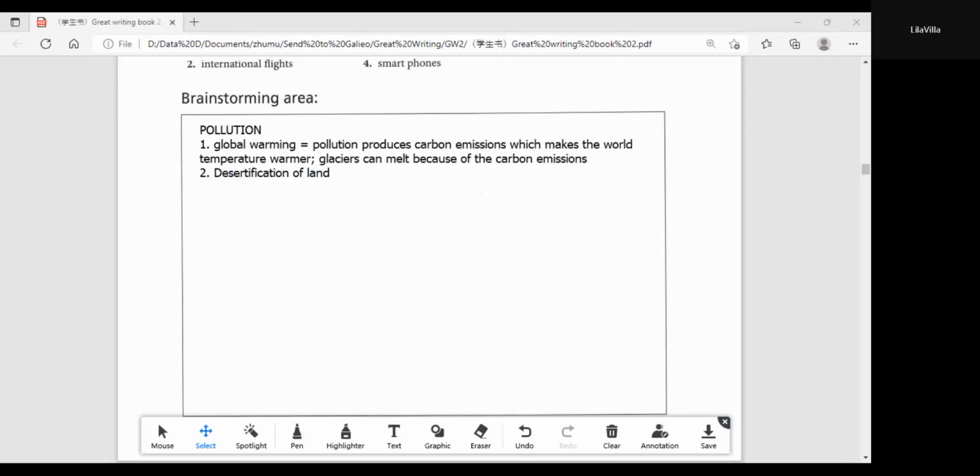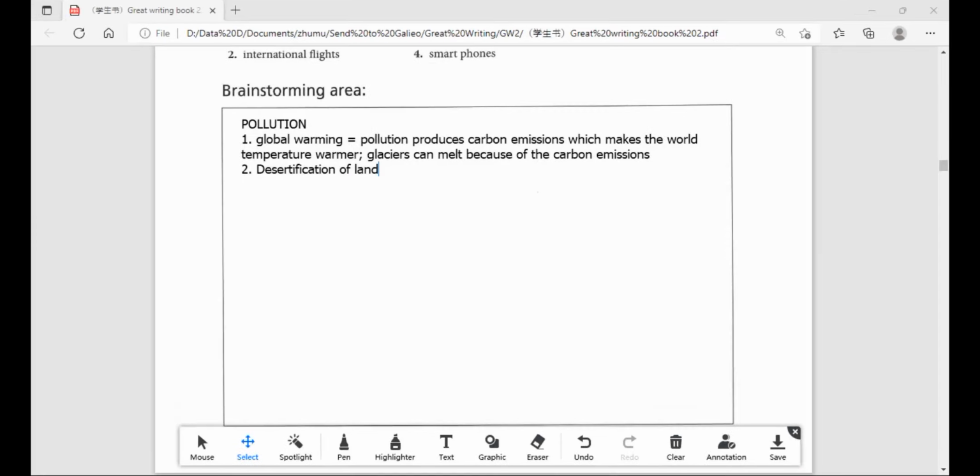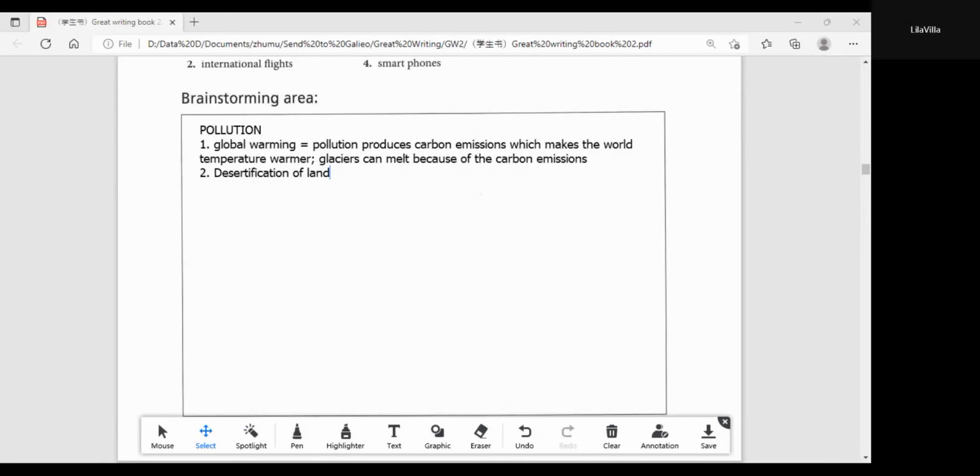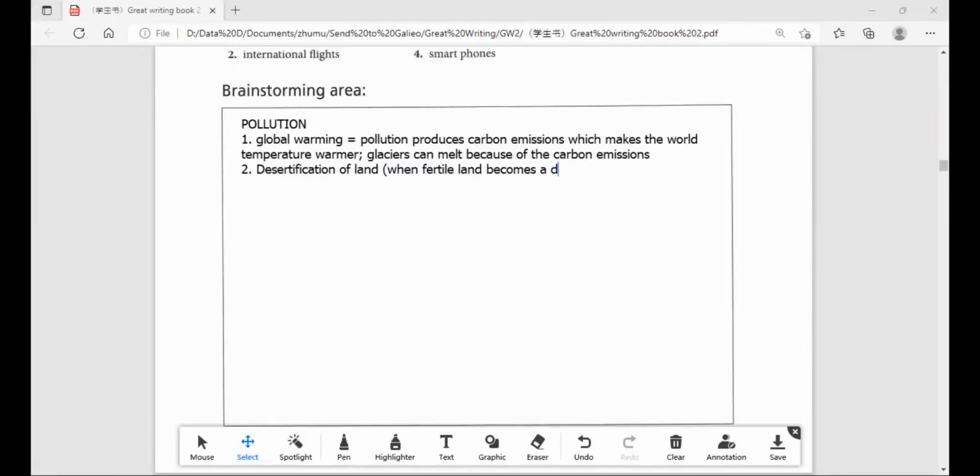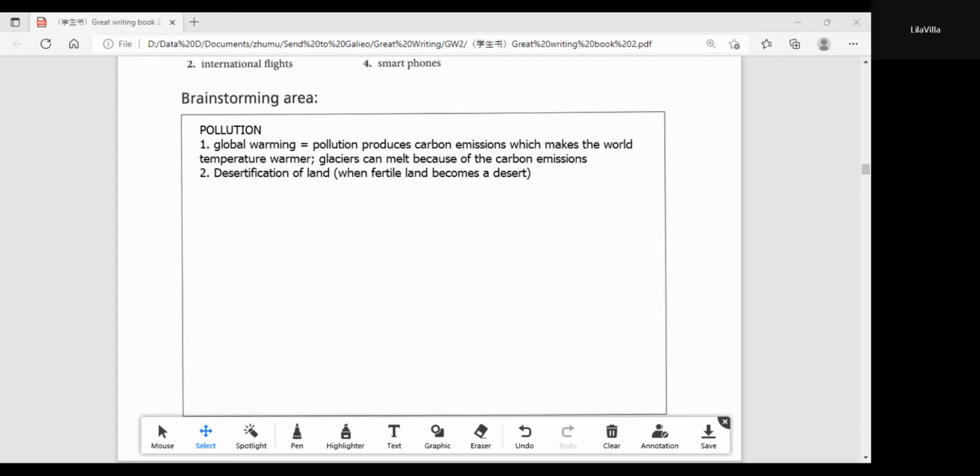Let me check the spelling. When fertile land becomes a desert. This is the one, right? Yes.